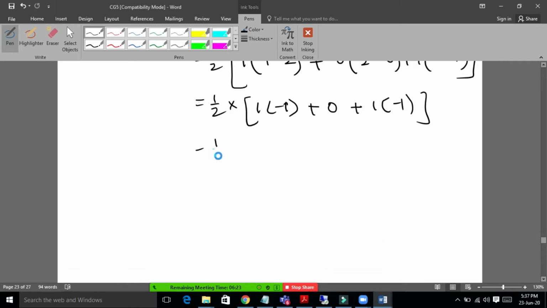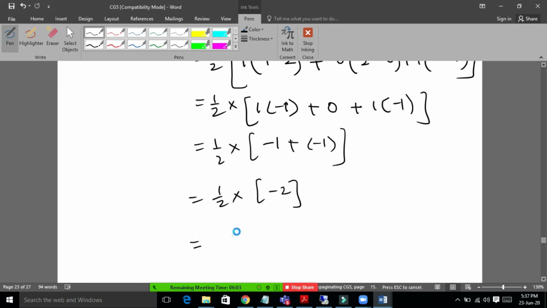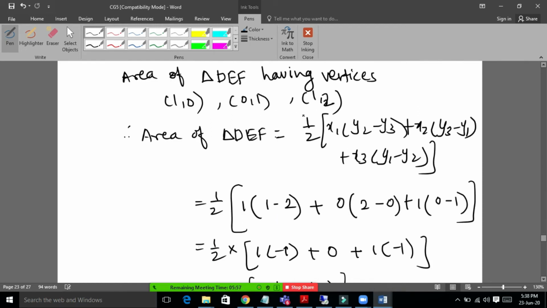So bracket complete, we get 1 by 2 into (1 into minus 1 is minus 1, plus again 1 into minus 1 is minus 1). So now 1 by 2 into minus 1 plus minus 1 is minus 2. So half into minus 2 is equal to minus 1. So again here we get a negative sign.